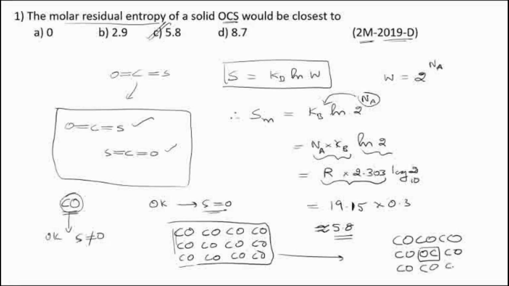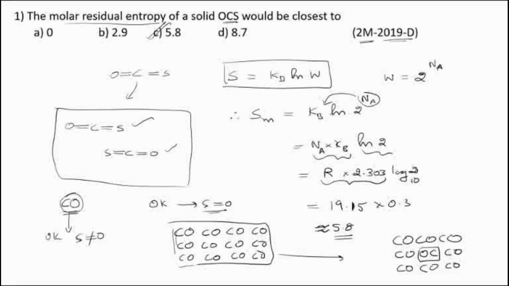So if you take crystalline carbon monoxide, you can see two different types of orientation of the molecule. This different orientation leads to some entropy in the crystal. So that's why entropy is not 0 even at 0 Kelvin for some substances. For example, carbon monoxide, carbon oxysulfide, etc. Many substances are there.